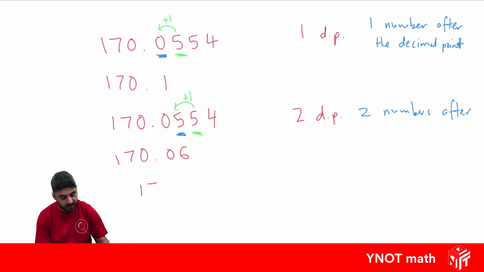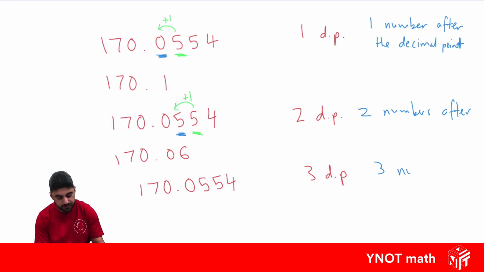Let's look at another same number, but this time we're going 3 decimal places, which means we want 3 numbers after the decimal. So since we're looking at 3 decimal places, we're looking at the third number after the decimal point and the number after that.